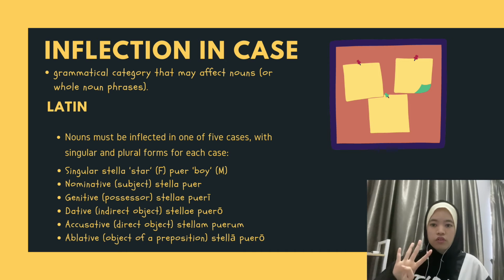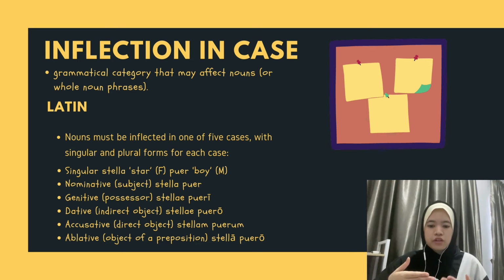For the fourth inflection, it is about inflection in case. This inflection is a grammatical category that may affect nouns or whole noun phrases. In Latin, for example, nouns must be inflected in one of 5 cases, with singular and plural forms for each case.